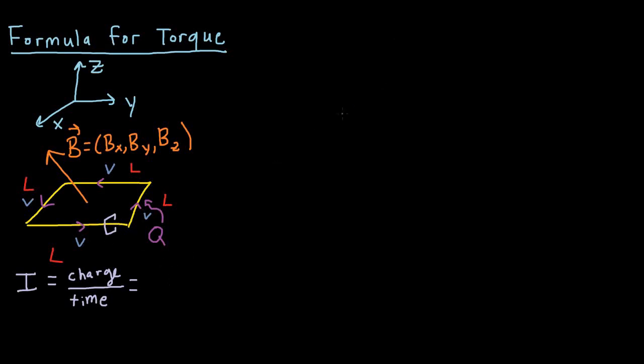So that's just Q over 4L over v. Okay, so 4L over v is just the amount of time it takes one little bit of the charge to make a full loop, because the total length of the wire is 4L, because L is the length of each side, right? The total length is L plus L plus L plus L, and v is the velocity at which it goes around.